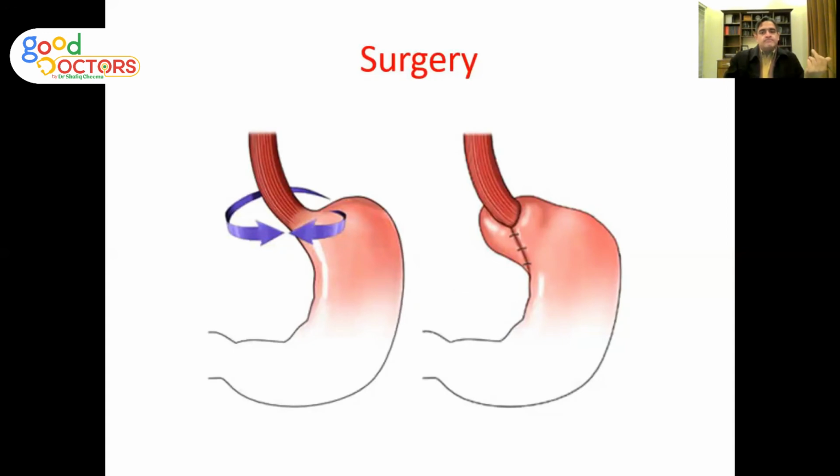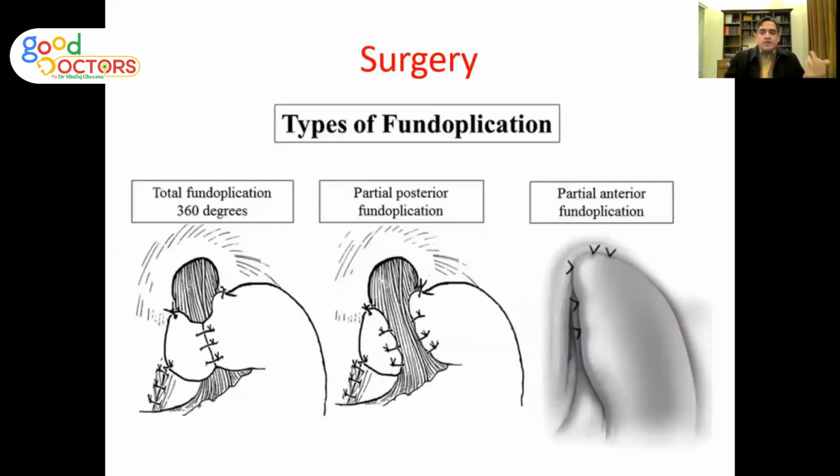One is the option of surgery, and the surgery is basically fundoplication. What you can simply understand is that the fundus is wrapped around the distal part of the esophagus to narrow down that particular passage so that the stomach and gastric content fail to reflux back into the esophagus. There are different types of fundoplications, which is basically the domain of surgeons.